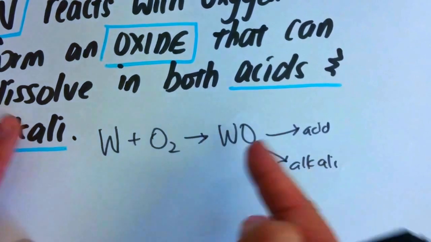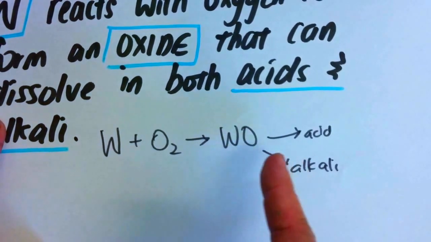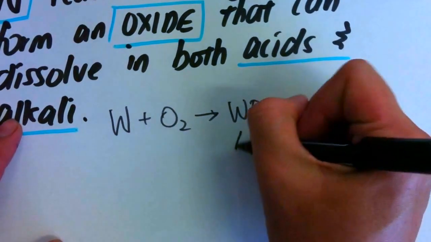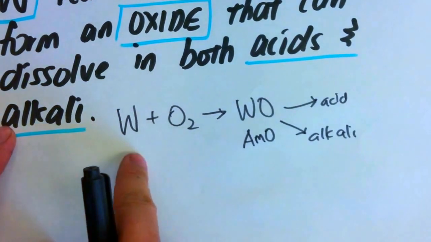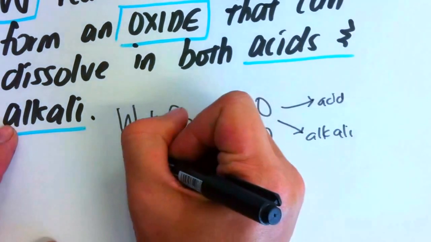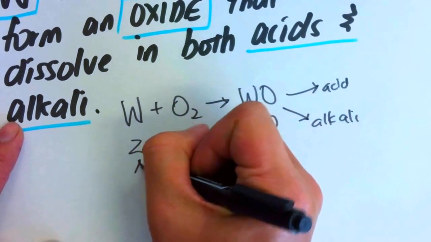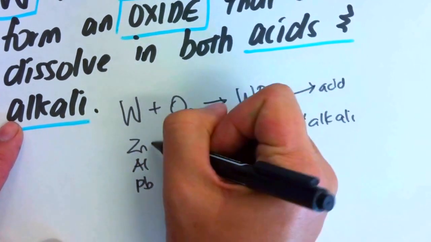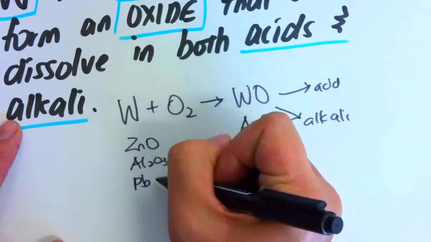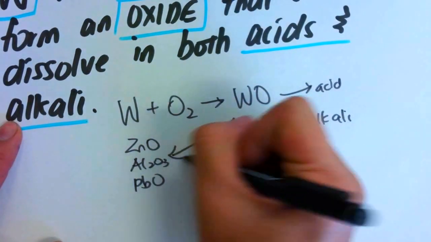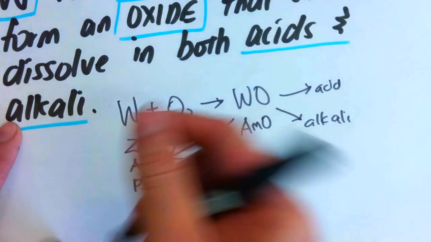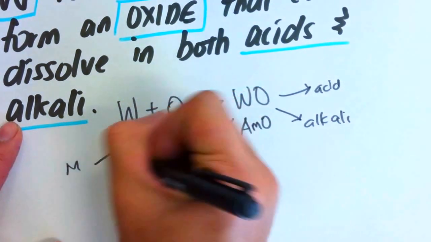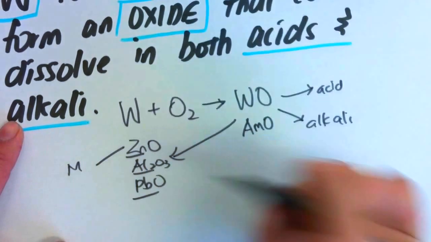There's only one type of oxide that we learned that can react with both acids and alkali, and that's the amphoteric oxide. So what does it mean about W? W can only be one of the three metals. So the nature of W is it is a metal, and it can be either zinc, aluminium, or lead.